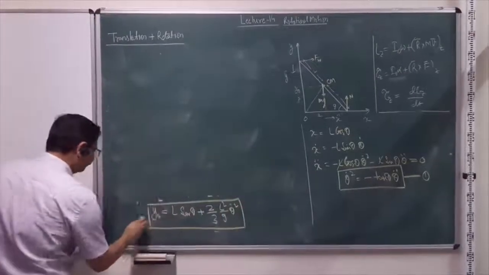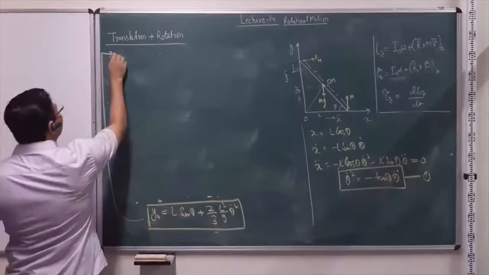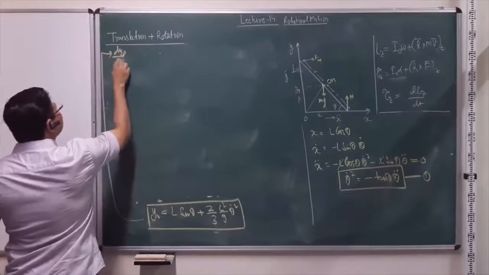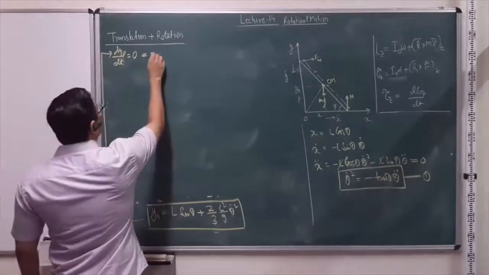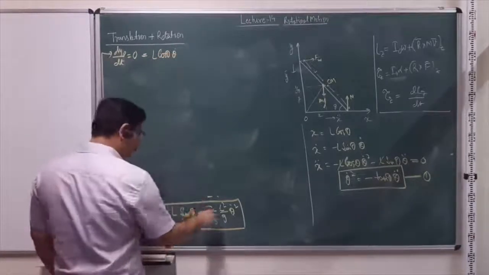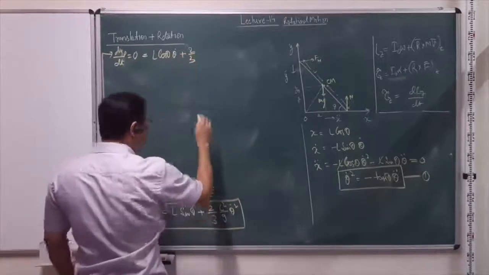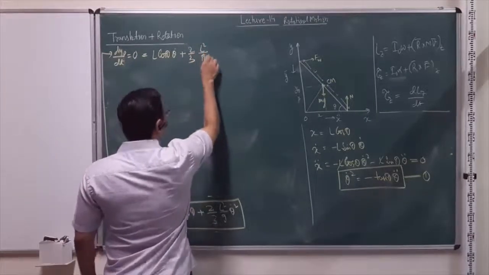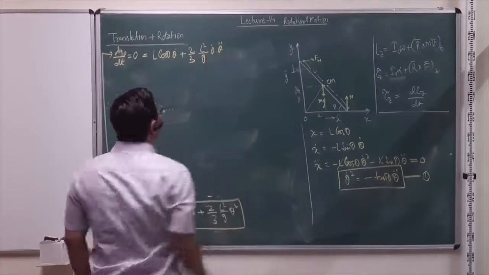So from here we are going up to here. Now since this is constant, I can take dy0 by dt, which is equal to 0 because it's a constant. So this will be L cos theta theta dot plus 2 by 3 L square by g, and then the derivative of theta dot square is 2 theta dot theta double dot.